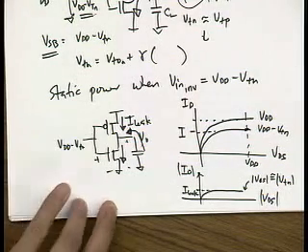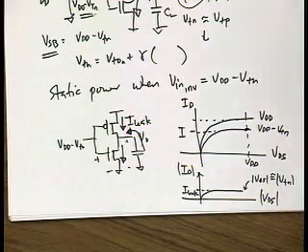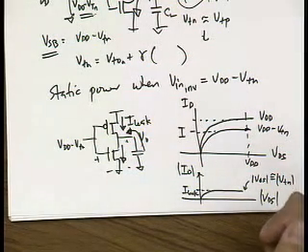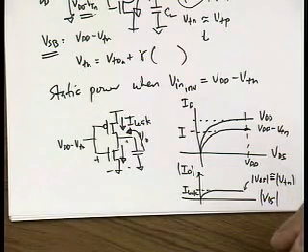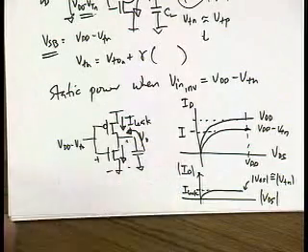So what else? What other effects does using a pass transistor have on our inverter? What about the logic levels? What about VOL, for example? Let's look at this. What is VOH for this case?